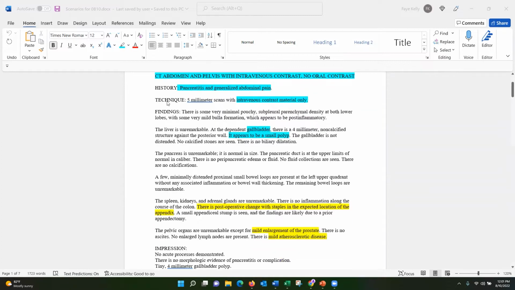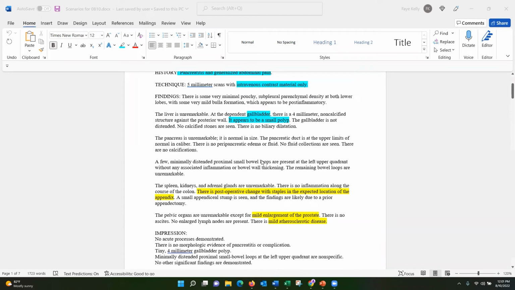We see the technique here is intravenous contrast material only, and that was important in our selection of the radiology CPT code.